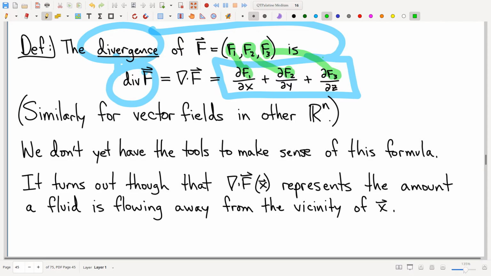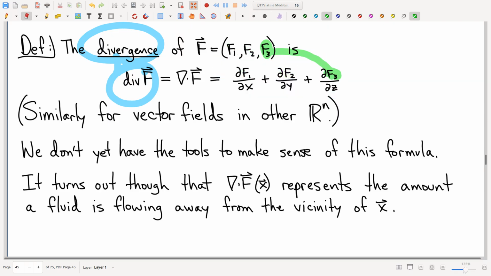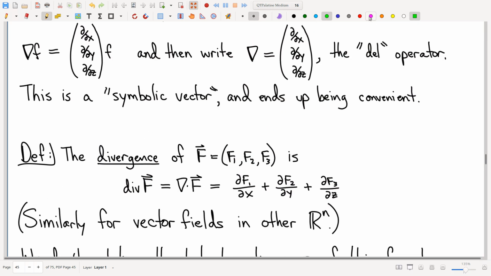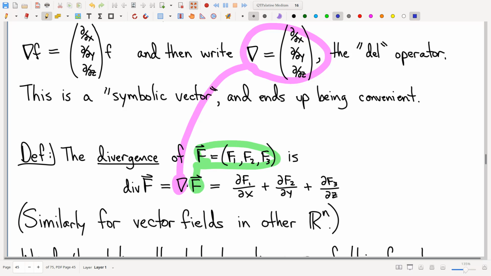And here's where the notation comes in handy, if you think of it the right way. Let me try to get all this on the screen at the same time. Thinking of del like that, and remembering that F is that. If I were to ask, what might it mean to talk about the dot product del dot F?